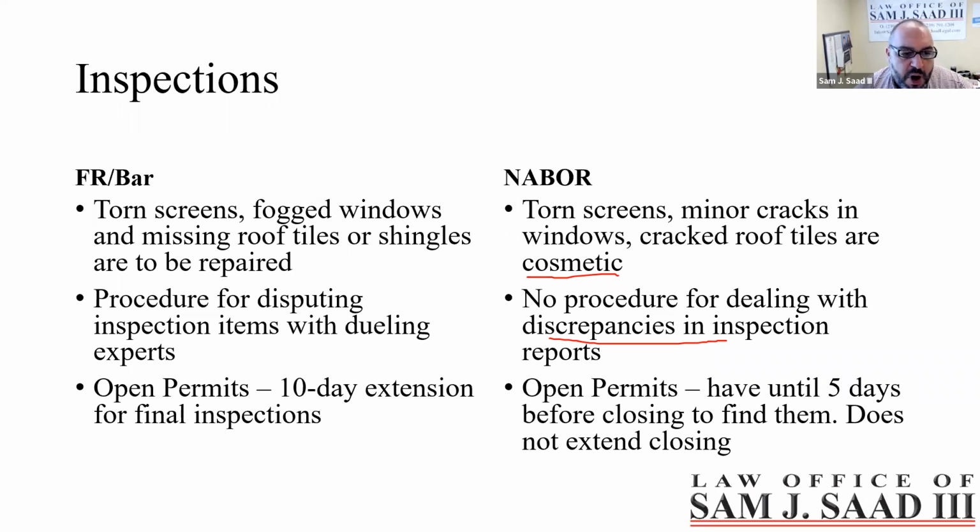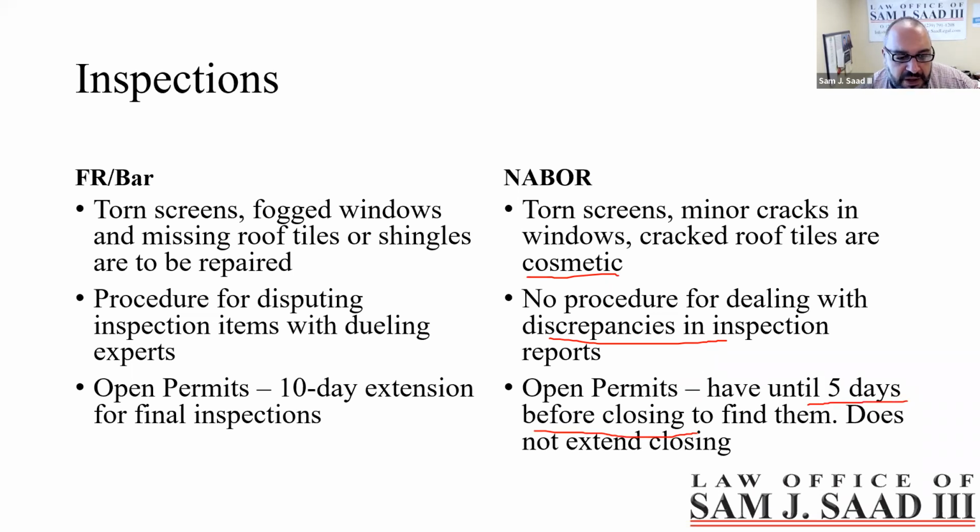One thing about open permits, very important, for those of you in Collier County, you know that the Collier County Board of Commissioners wants to make sure that all those permits get closed out. So you've got to provide the permit brochure under NABOR. And under NABOR, you can do a permit inspection up until 5 days prior to closing.